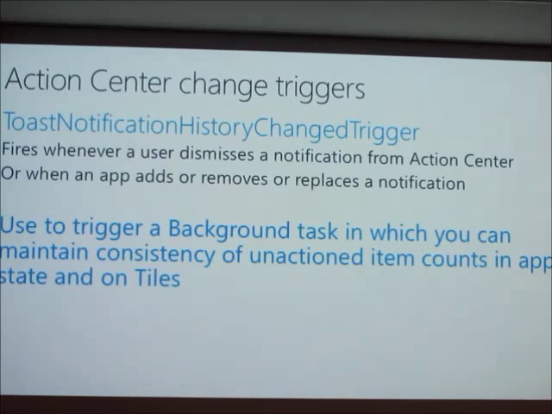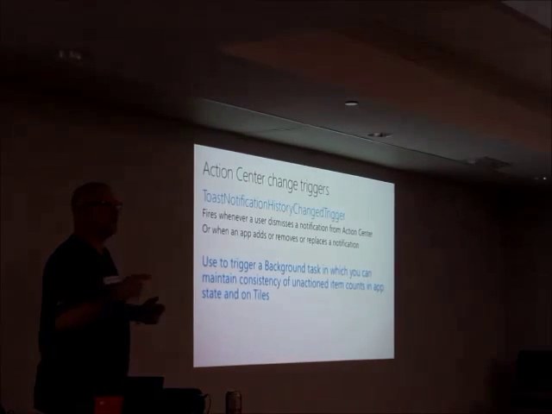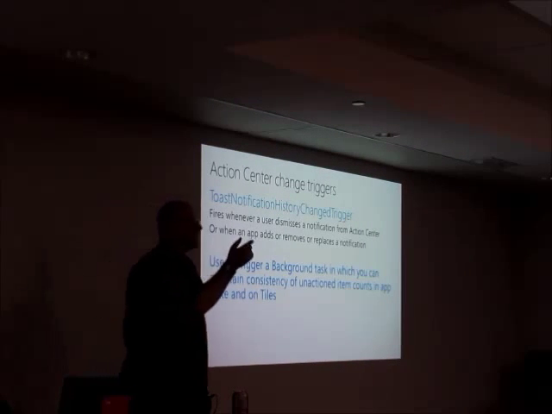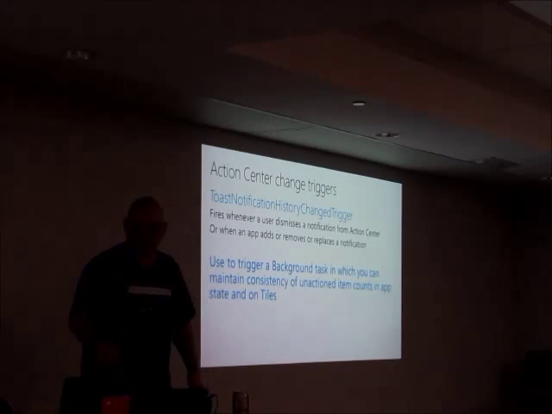Now, there are a number of different new background tasks. One of them is using this type of trigger that says every time the toast notification history is changed, trigger this background task. This is what allows you, once users have dismissed things in the Action Center, to then update the tile count or the badge count.